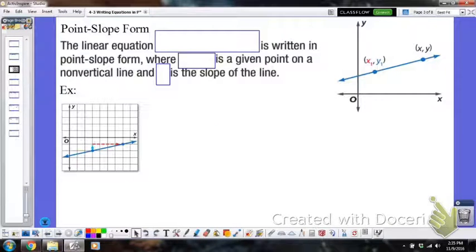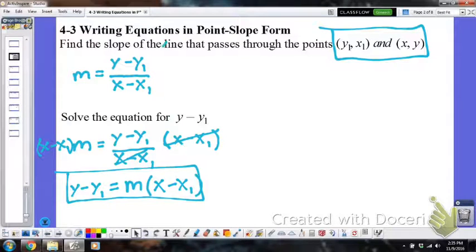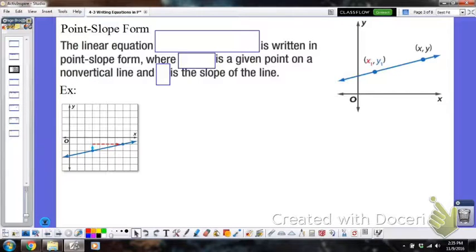So the point slope form, the linear equation y minus y1 equal to our slope m times x minus x1.